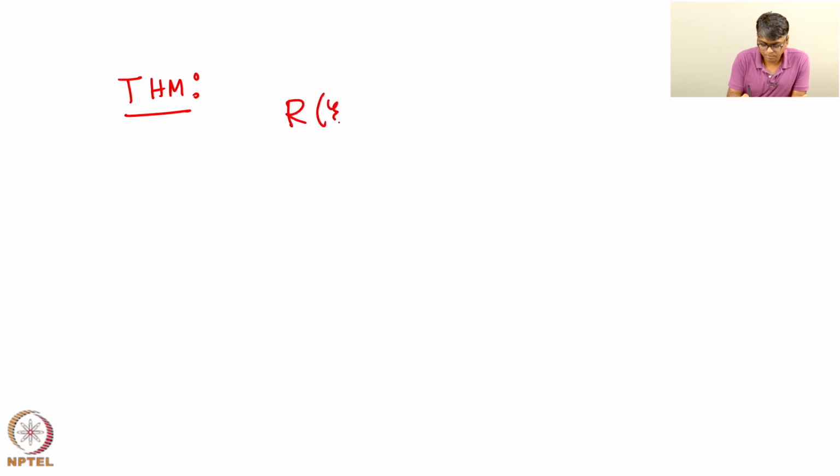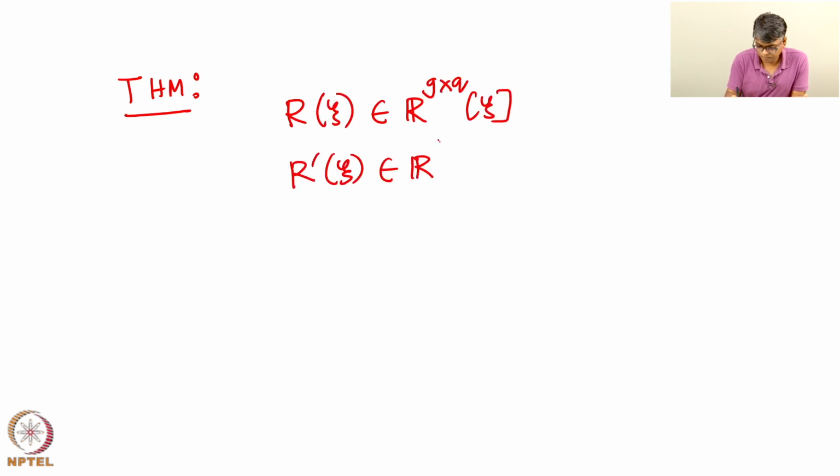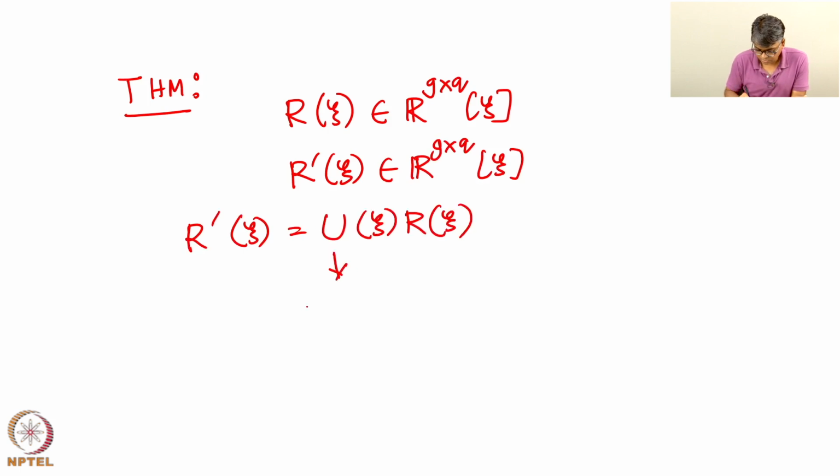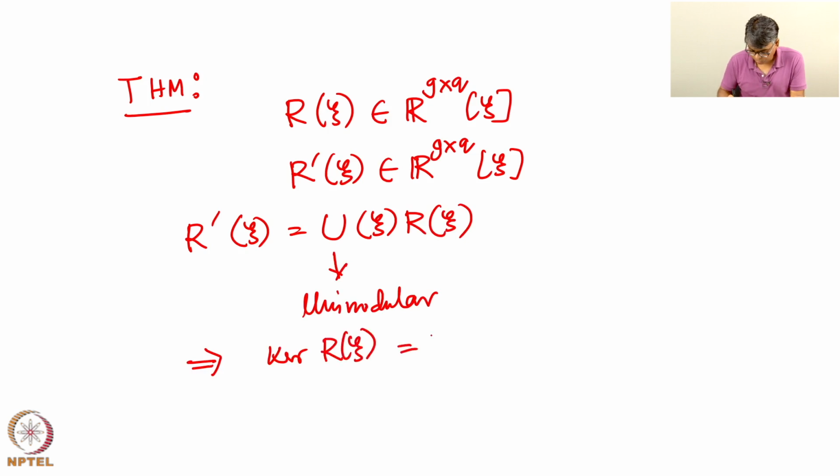If we have a polynomial matrix R psi, another polynomial matrix R prime psi, both of the same size, and the two are related like this, that R prime psi is equal to U psi R psi, where U psi is unimodular, then this implies the kernel of R psi is equal to the kernel of R prime psi.